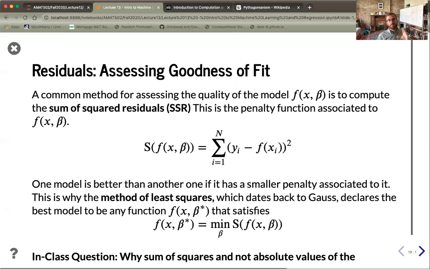We take our candidate model for the functional relationship between x and y, that's called f. We evaluate f on all of our training x, and then we sum up the squared difference between yi and f of xi.